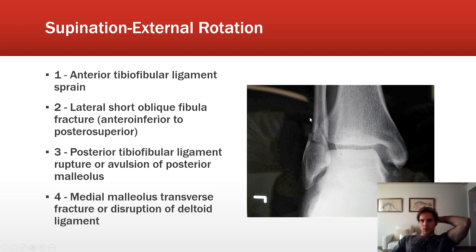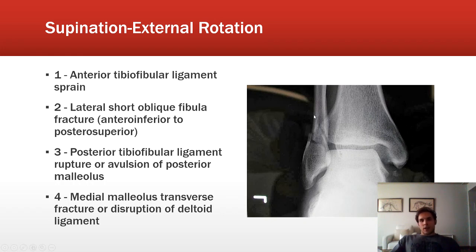Then you get your short oblique fibula fracture at the level of the syndesmosis. And a key thing to note is this is antero-inferior to postero-superior. You'll see later on the direction is opposite in pronation external rotation. But for now, let's focus on supination external rotation.